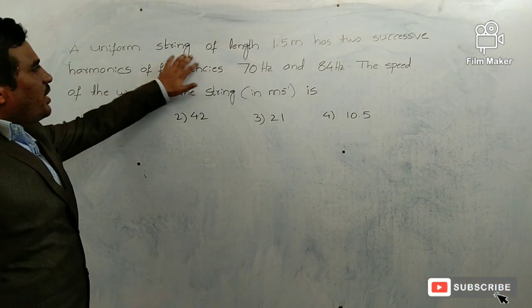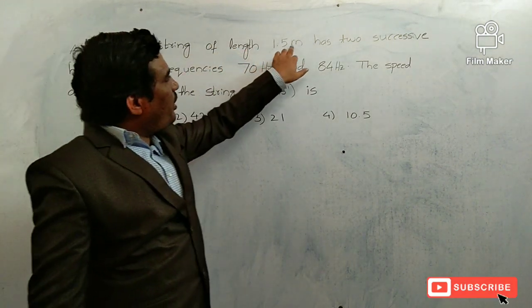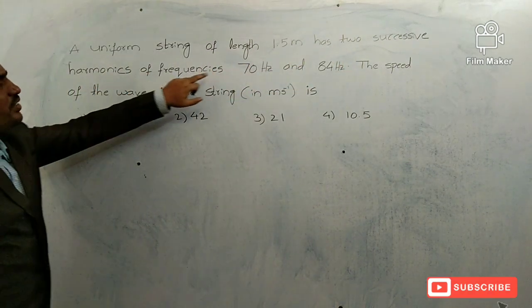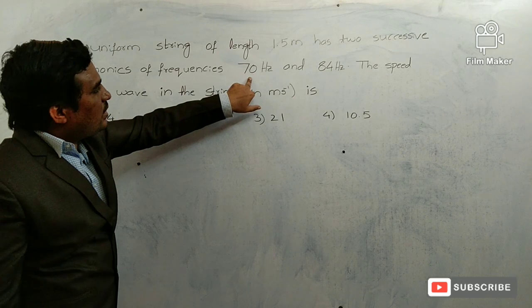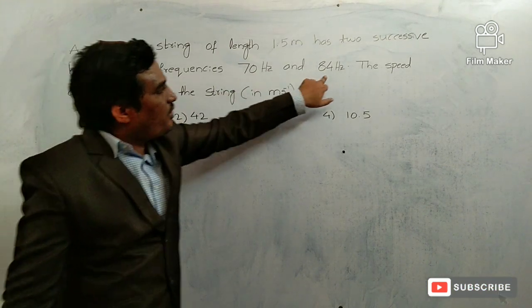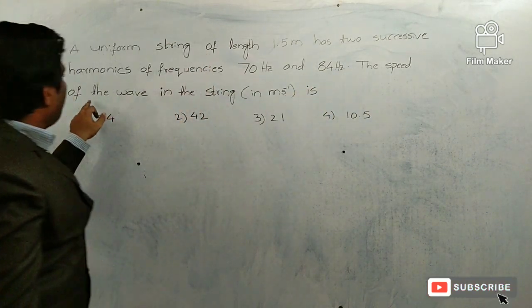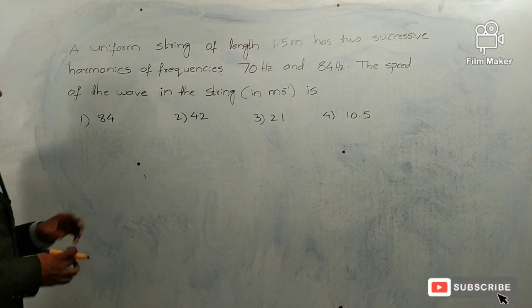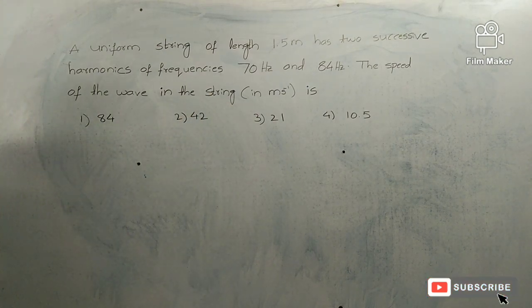A uniform string of length 1.5 meters has two successive harmonics of frequencies 70 Hz and 84 Hz. Find the speed of the wave in the string. Here we have to find out the speed of the wave in a stretched string.